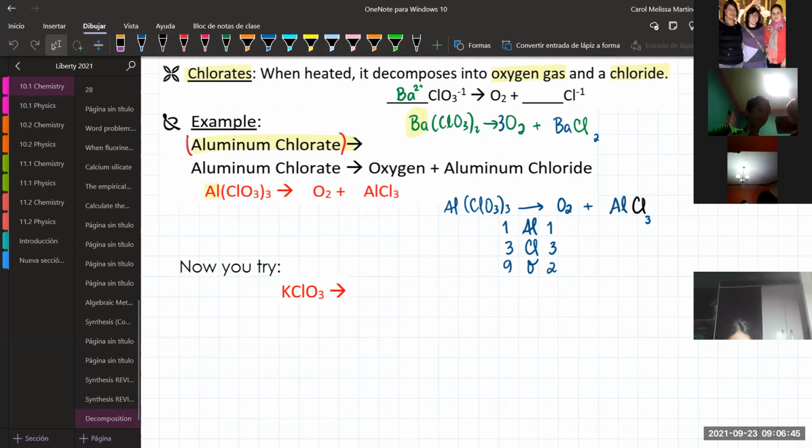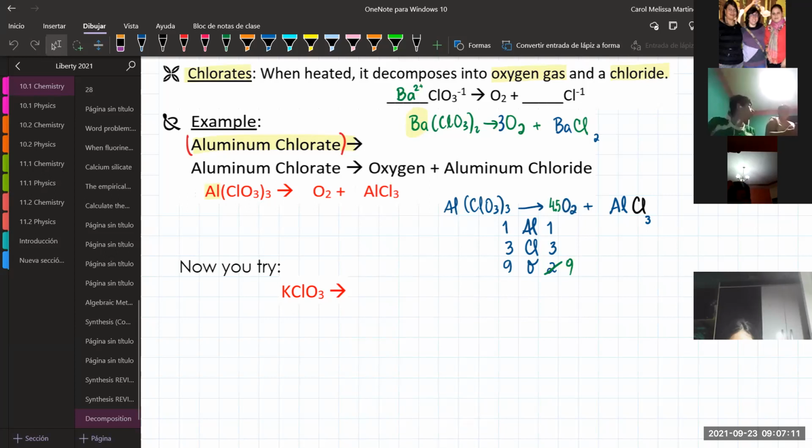So by what number do I need to multiply 2 in order to get 9? 4.5. So I will multiply times 4.5. Okay, this is going to give me 9, but remember, we cannot leave answers with decimal coefficients.